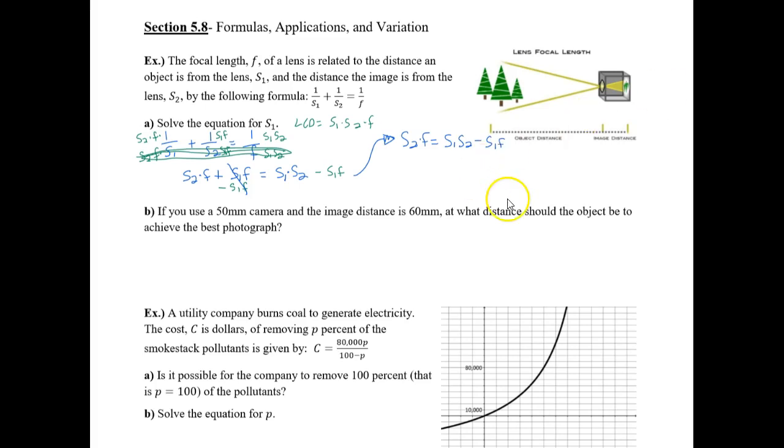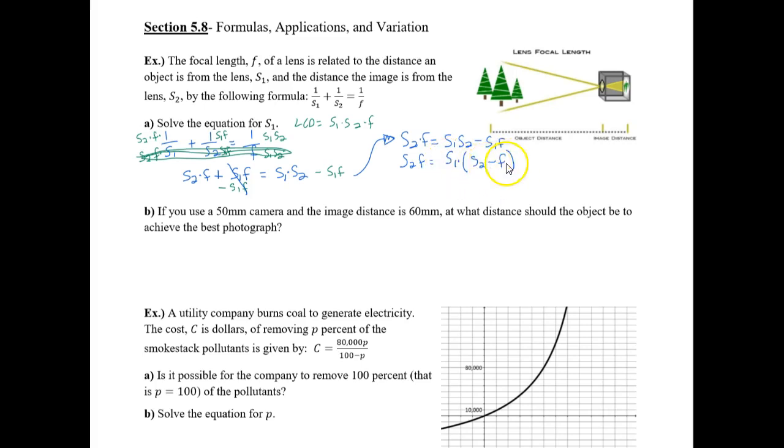Now here's kind of the tricky part. I have an S1 here and an S1 there, and I need to have just a single S1. These two terms have S1 in common. It is a common factor, and I can factor that out. So I factor out S1, and I'm left with S2 minus F. Now I have a single S1 that I can get alone.